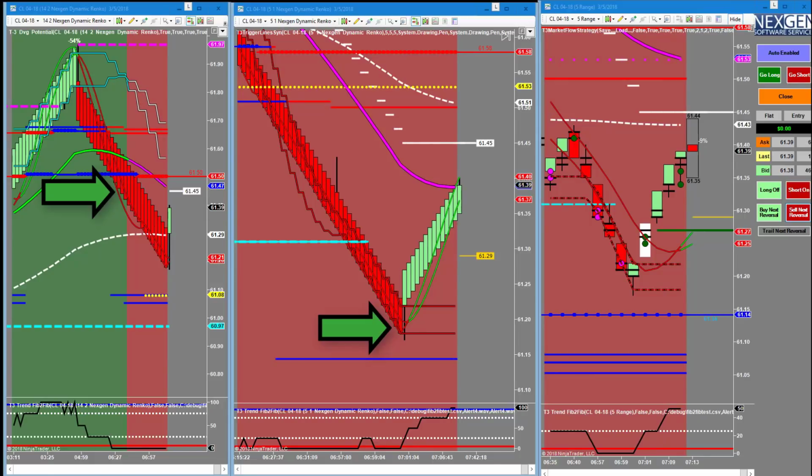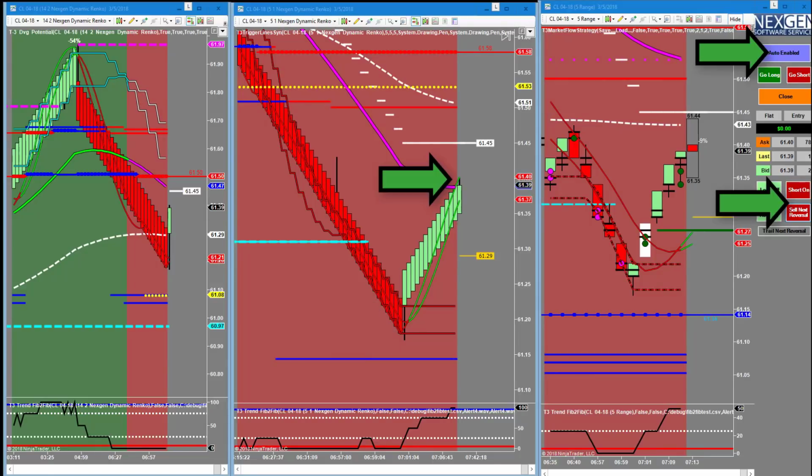So you can see what we've done. We've made it to the mid band, we have enabled our strategy, and we have turned on the short and sell next reversal bar. Then again, we're looking for any reason to go short, which would be a reversal bar on our 5 range chart.